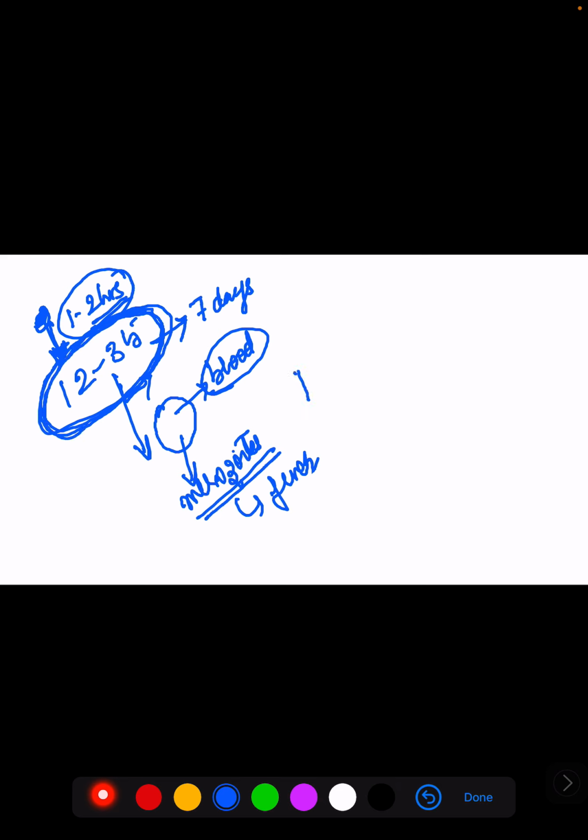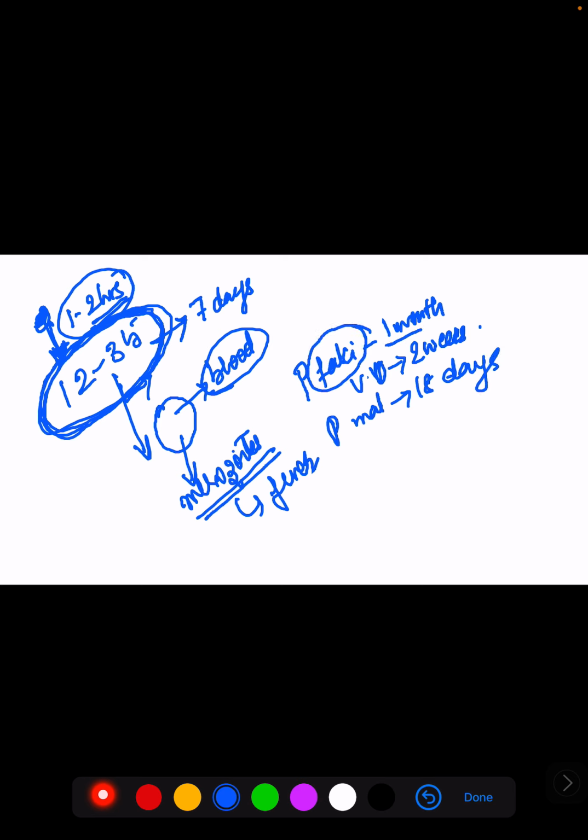For Plasmodium falciparum, the incubation period is almost 1 month, for vivax and ovale it is around 2 weeks, and for Plasmodium malariae it is 18 days.